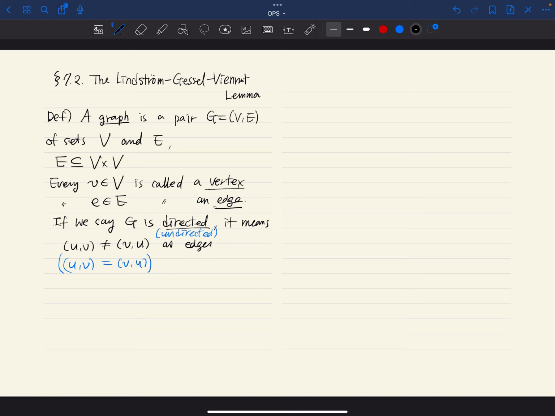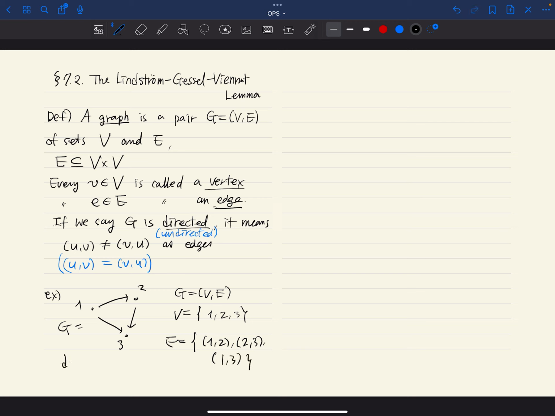So these are kind of abstract notions, but if you think about the drawing of them, then it should be clear. For instance, this is our graph G, where the vertex set is 1, 2, 3, and the edge set is 1-2, 2-3, 1-3.